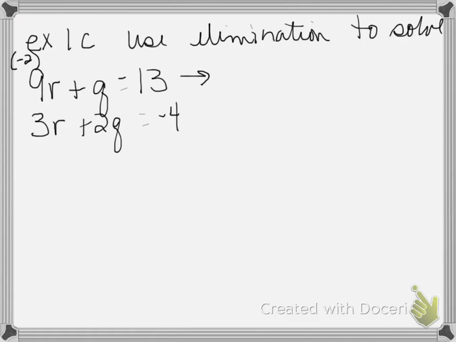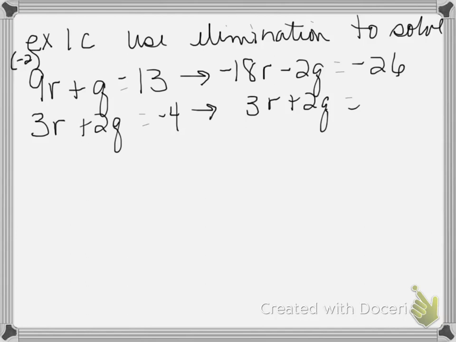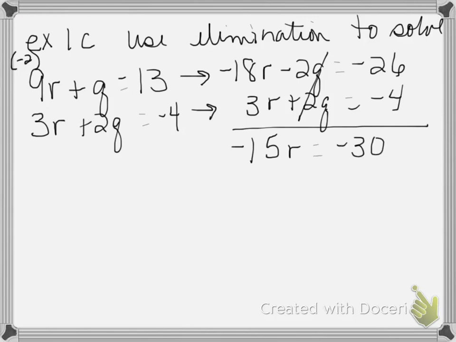So negative 2 times 9r is a negative 18r, minus 2q is equal to a negative 26. The second equation I'm just recopying. You notice that my q's now have opposite coefficients. So that's negative 15r is equal to negative 30.